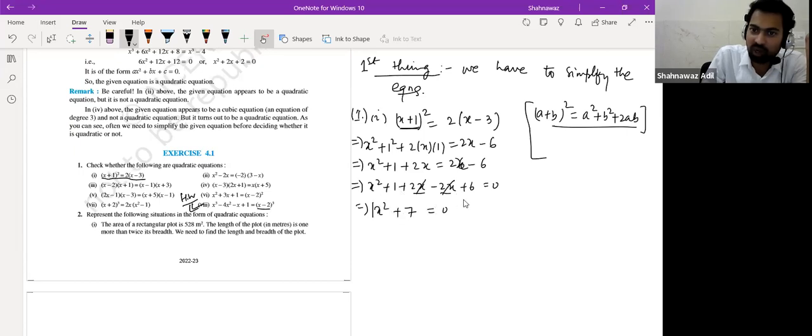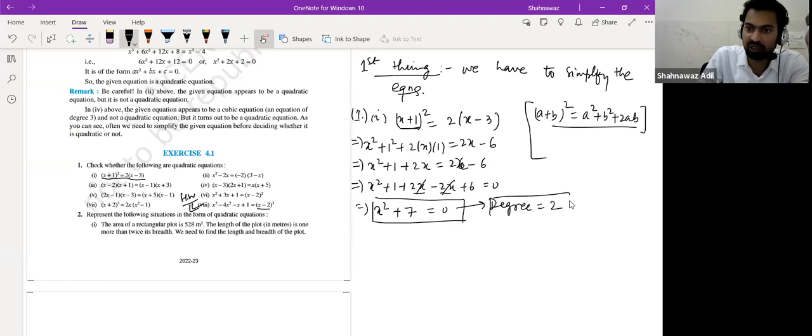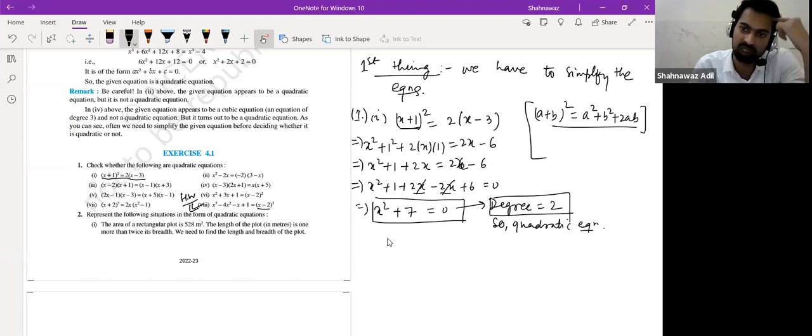Right? So is this a quadratic equation or not? What is the degree of this equation? 2. Right. So this is a quadratic equation, right? Yes, sir. Okay. So if you want to note this down, you can note it down, right? So this was the first question.